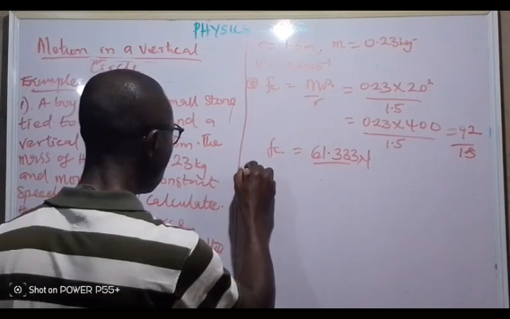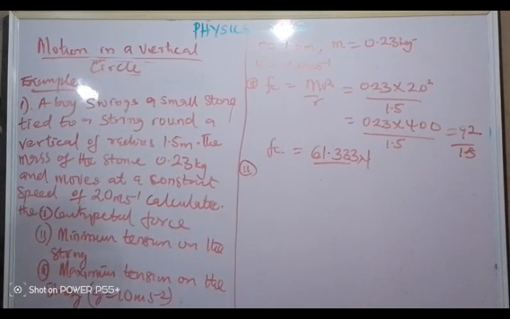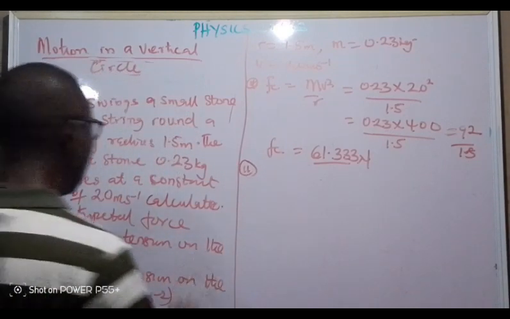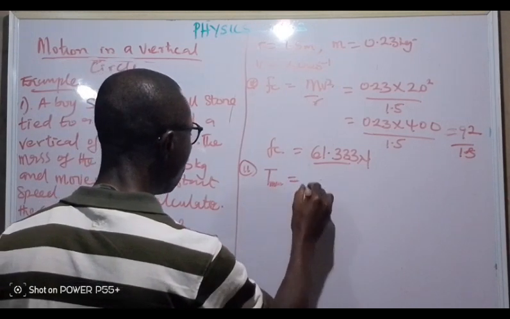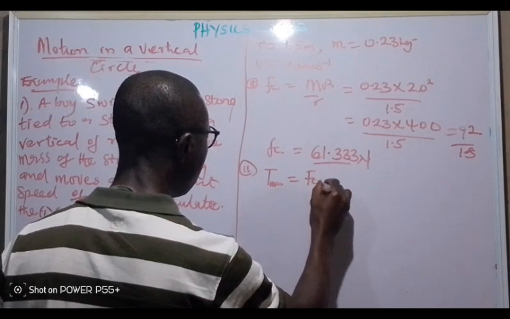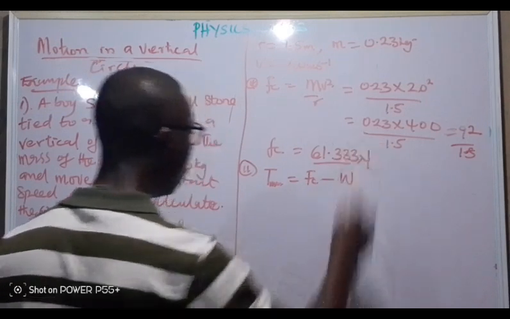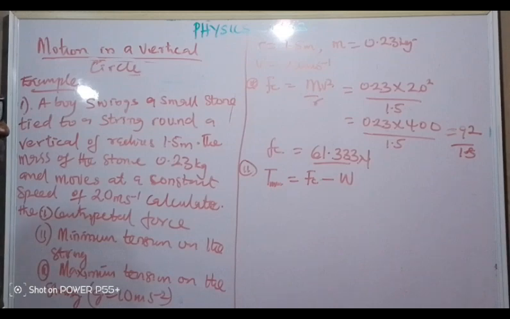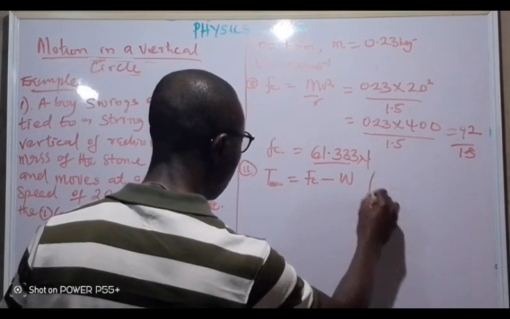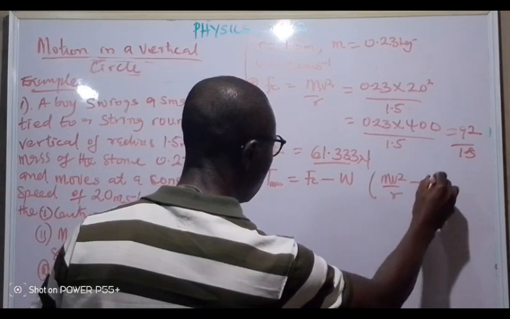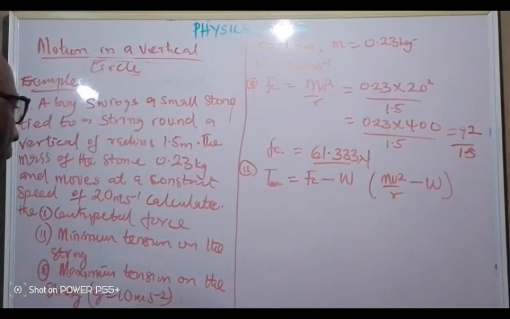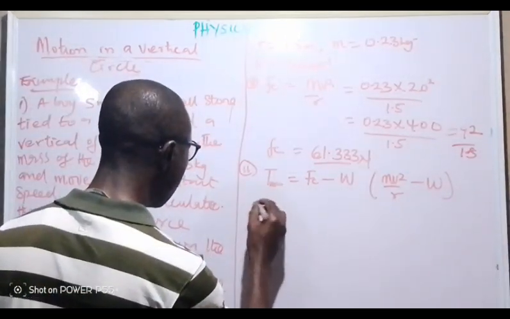From what we've written the other time, for the minimum tension, T minimum will be equal to Fc minus W. That is T minimum equals mv square over r minus W. And mind you, the mass of this stone is given, so we need to find the W. So W will be equal to mg.